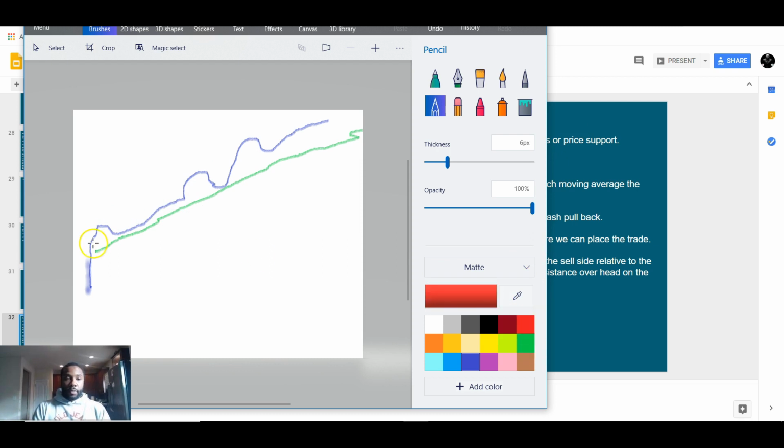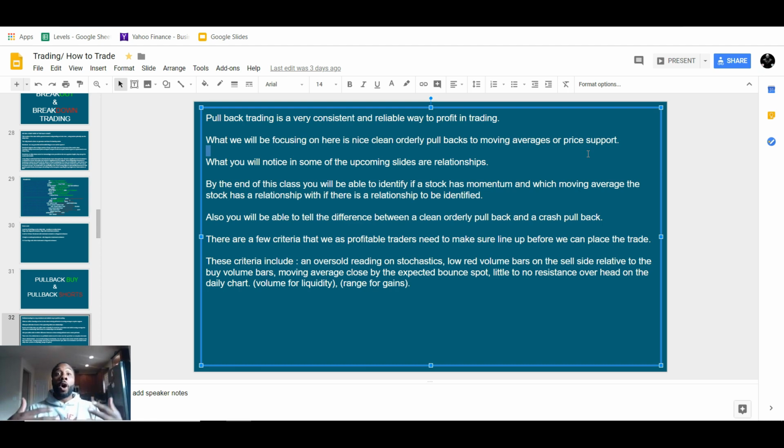See, this right here, that pullback into support, and then the reversal back to the upside. You got a pullback, then reverse to the upside. And the same is true for the opposite, but let's just focus on the long side now.